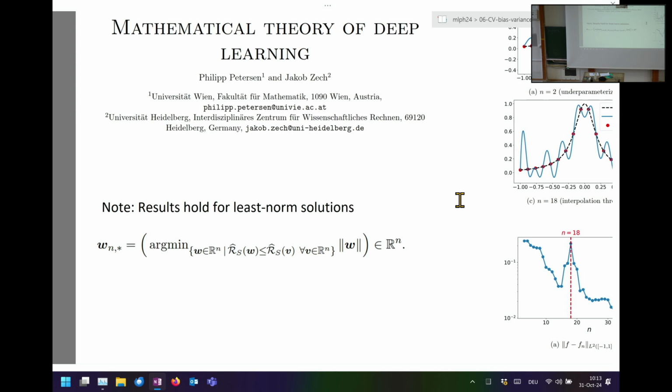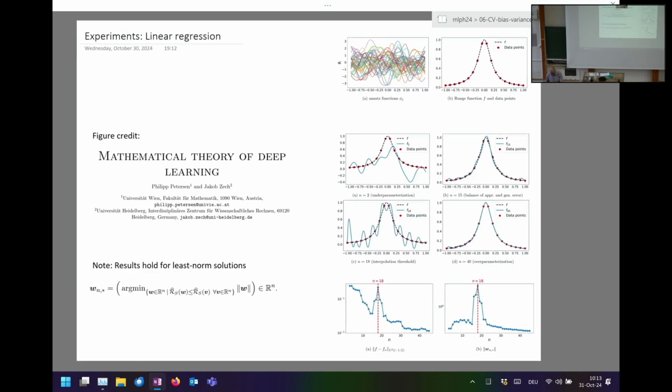That's what's meant here. Amongst all solutions with minimal risk, the one with the smallest norm of the parameter vector is chosen here. And only then do we observe this very nice fit here on the right-hand side.